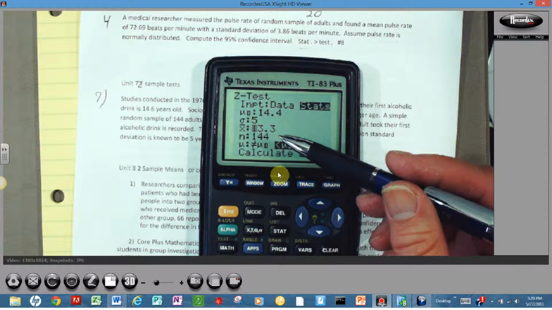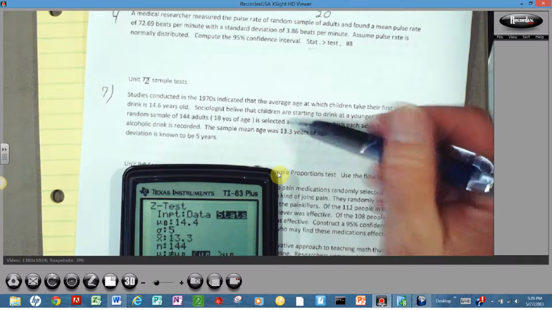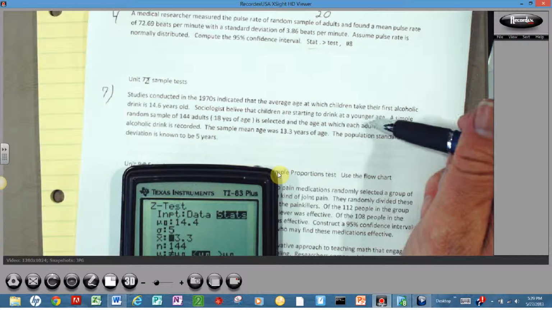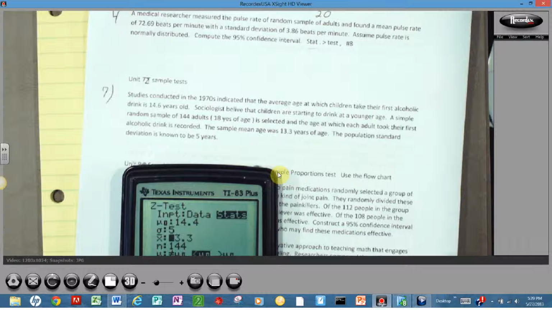And if I look at the question again, it says sociologists believe that they started at a younger age. So we're going to say it's something less than this right here, and we're going to check that.